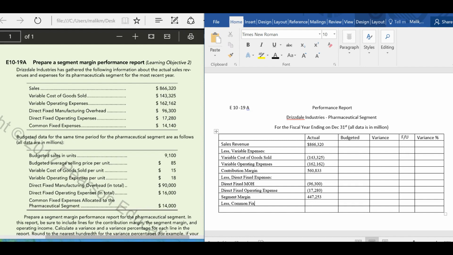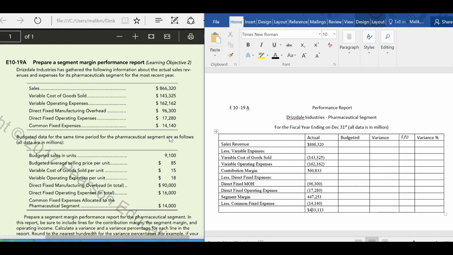So now subtract our common fixed expense, which is actually given here. If you see, common fixed expense is 14,140. So if you subtract that 14,140, I found that the operating income is 433,113.